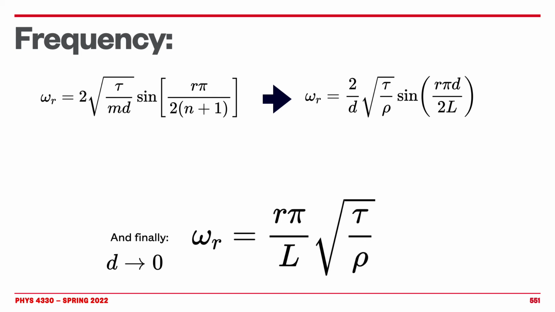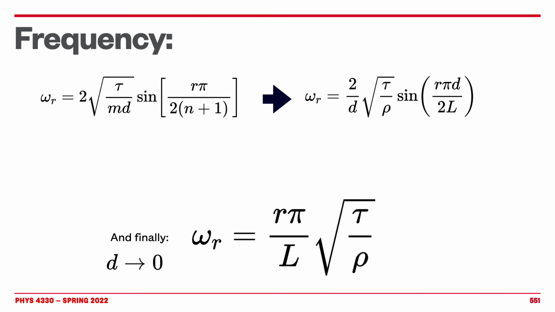So the modes are labeled by r, and the multiples of those modes are called harmonics. That's what we call them in music theory, for example. But the frequency is going to depend on the square root of the tension tau in the string and the density of the string. I'm going to tell you a little bit more about that when we compare to music.